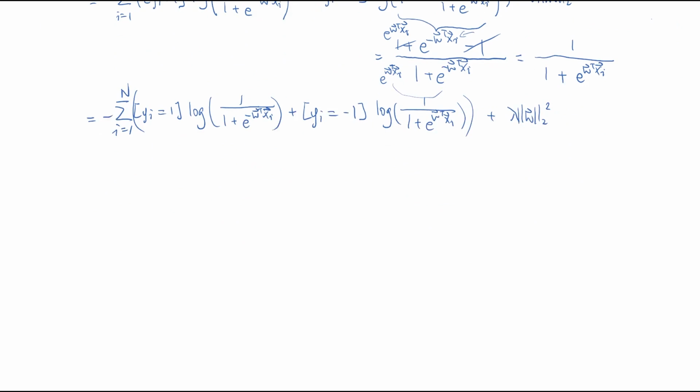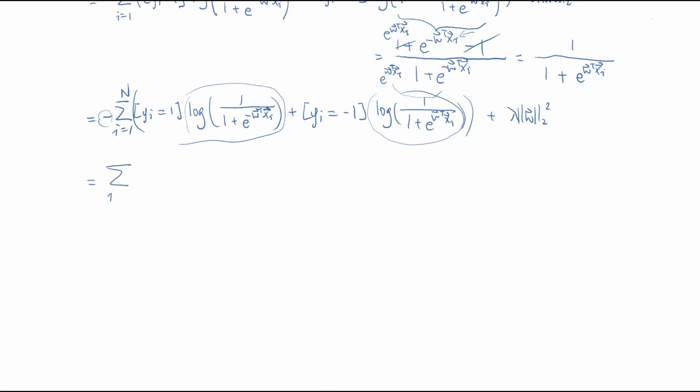Okay, so what we're going to do is to notice that when you have log of 1 over something, which appears in two places, you can write that as negative log of the reciprocal. And that negative sign will then cancel with the negative sign in front.